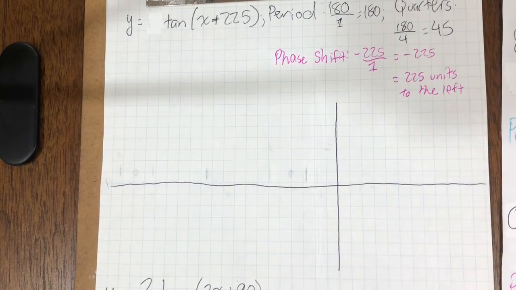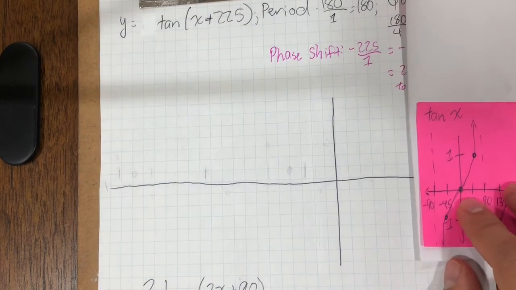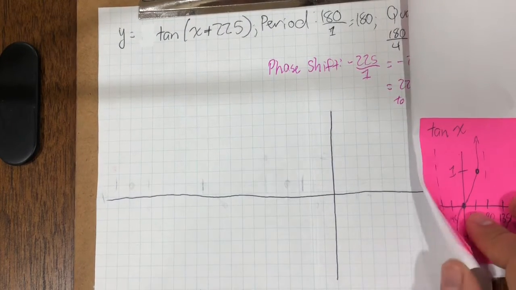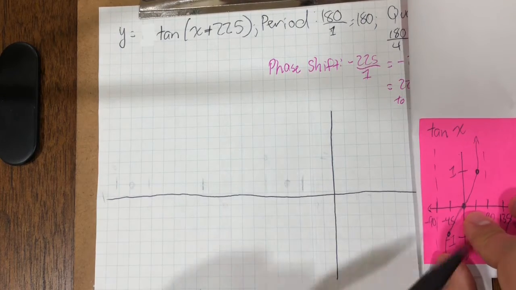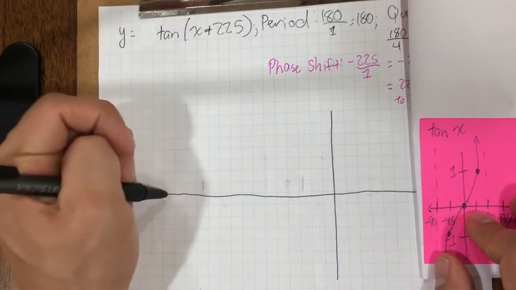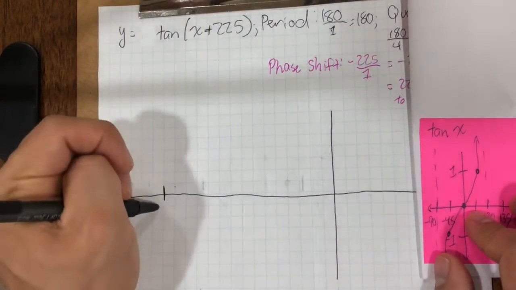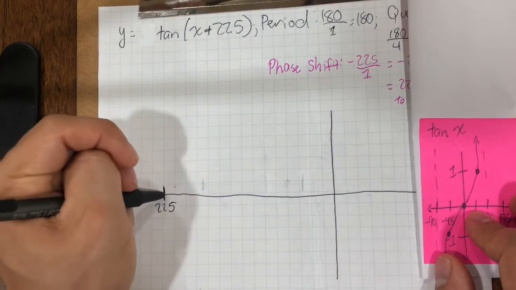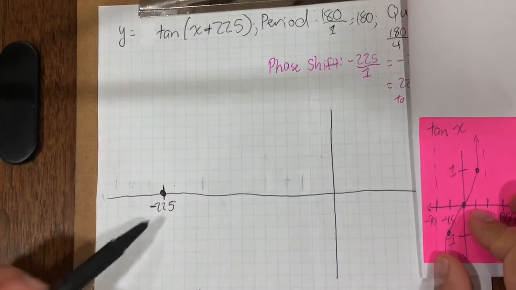Originally we would start at 0, 0, but since my phase shift is 225 units to the left, that means my starting point is going to be 225 units, so I'm going to make it all the way over here. And that's going to be a negative. So this is going to be my middle point.